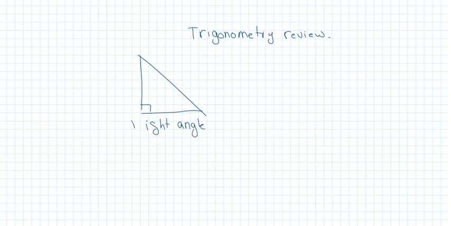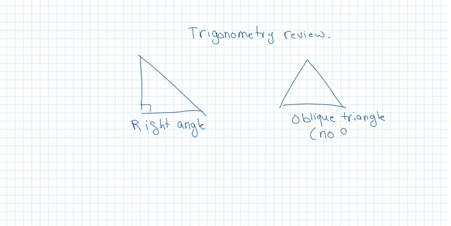So oblique triangle is a triangle that does not have a 90 degree. Okay, so these are the two types of triangle that we're going to look at, either oblique triangles, no 90 degree, or the right angle triangles.